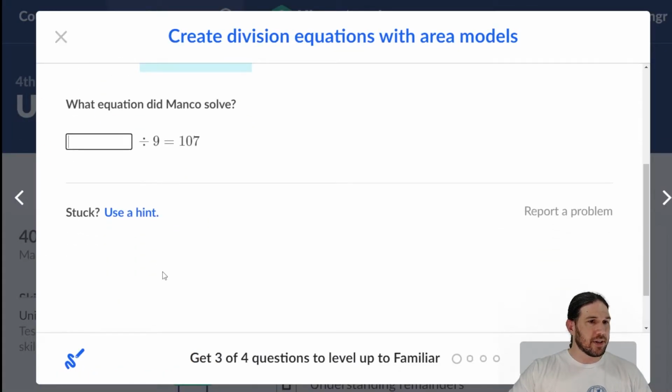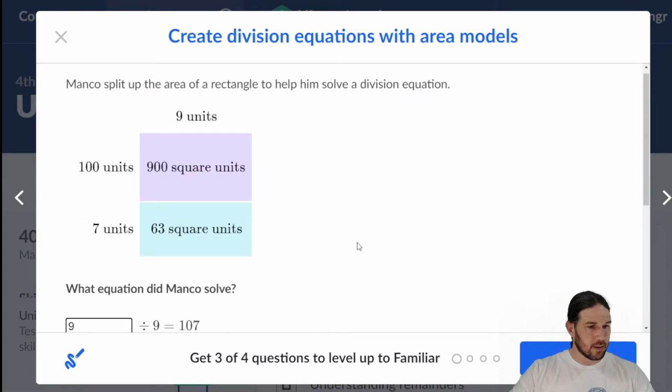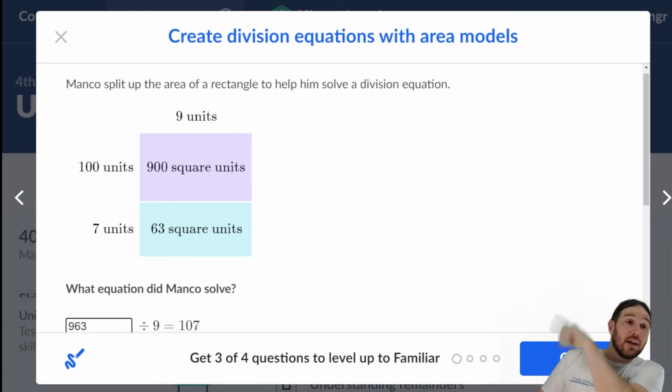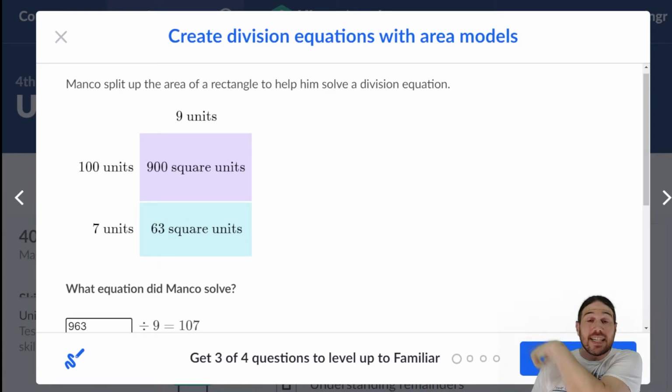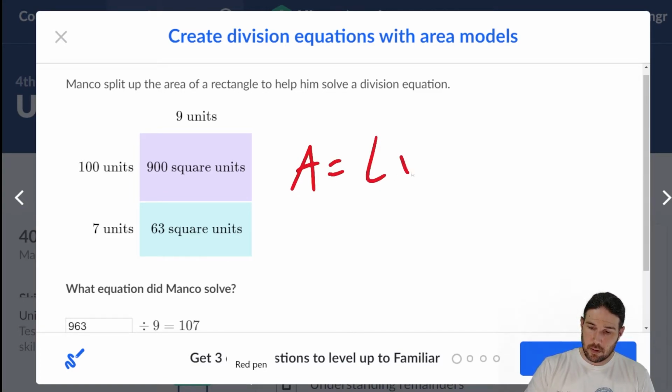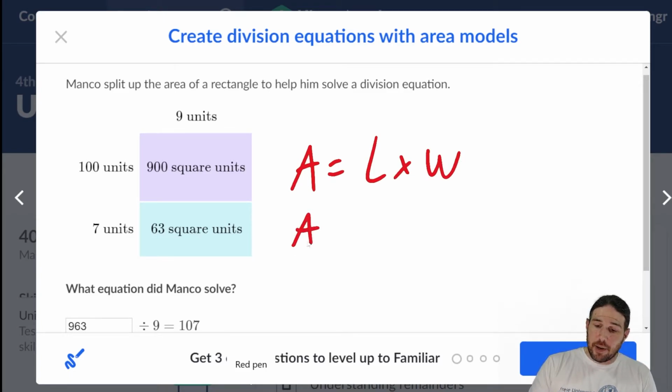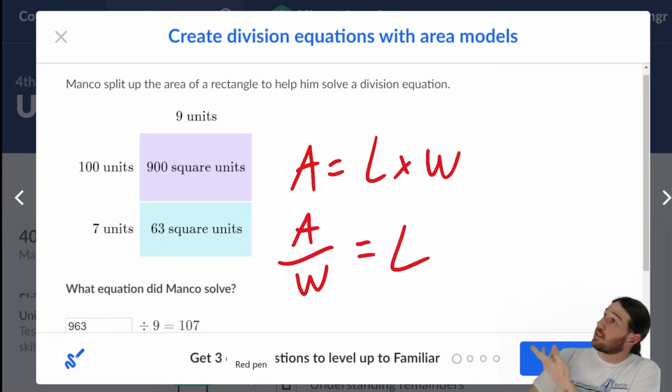It is 963 divided by 9, which equals 107. That height of this rectangle along the outside ends up being the correct quotient. Why? Because length times width equals area, which means that the area divided by the width is the length. It is just the other side of the area formula.